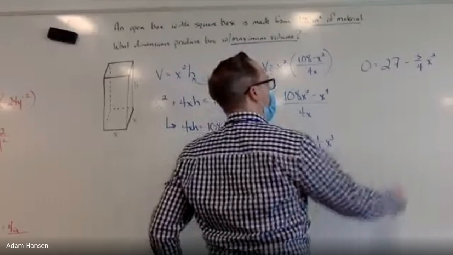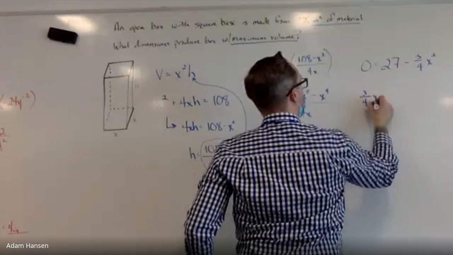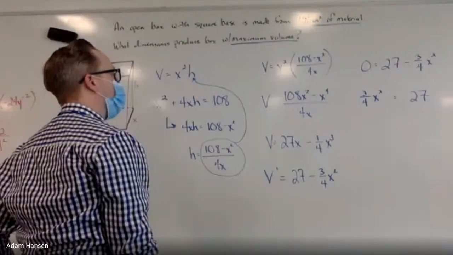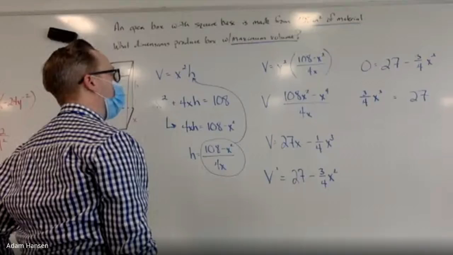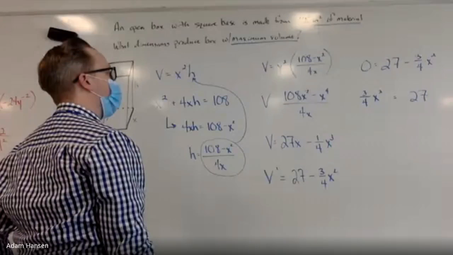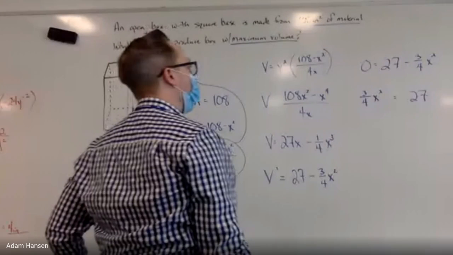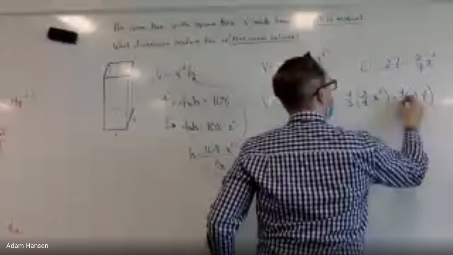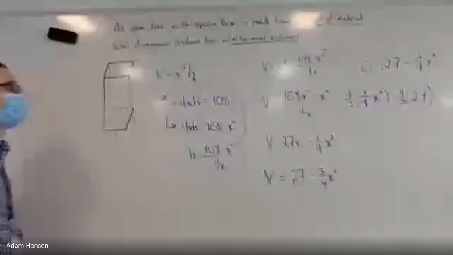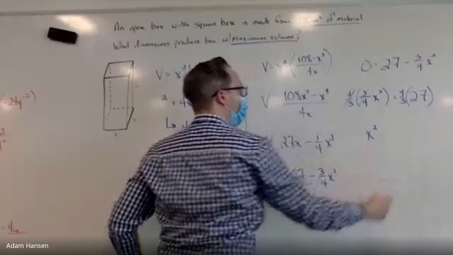So let's get one term on a side. I'll add 3/4 x squared in order to do that. I chose to use the reciprocal because whenever I take a number, like 3/4, times its reciprocal, it's just equal to 1.